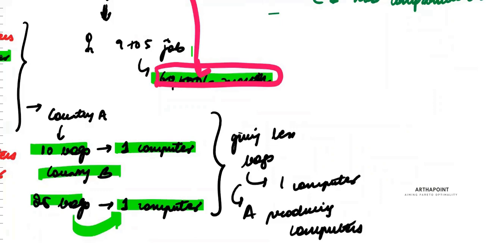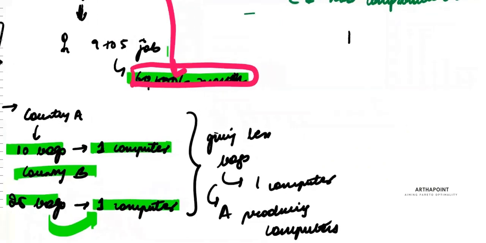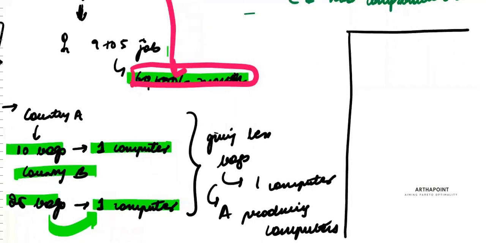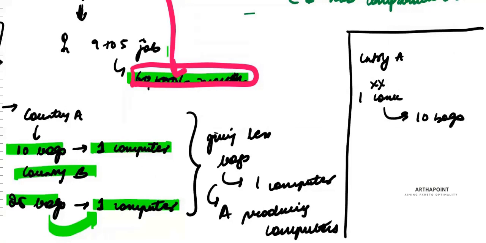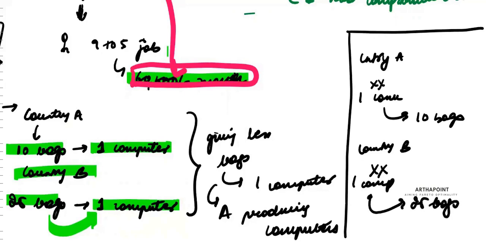Now let's take the other way around. Let's see who will produce bags. When country A gives up 1 computer, it does not produce 1 computer, it can produce 10 bags. When country B gives up 1 computer, it doesn't produce a computer, it produces 25 bags.